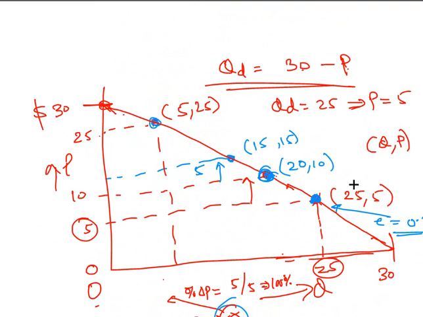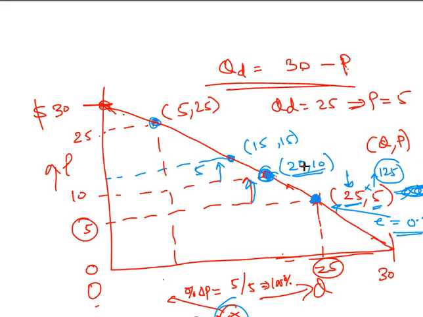So this was the quantity that we were selling, 25, and the price was 5. What is the revenue over here? 25 into 5, 125. So our revenue is over here 125. Now what we did was we increased the price. What is the revenue over here?